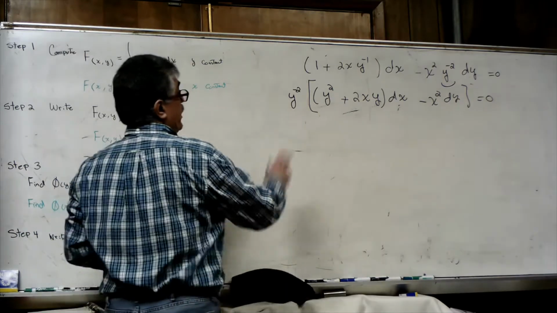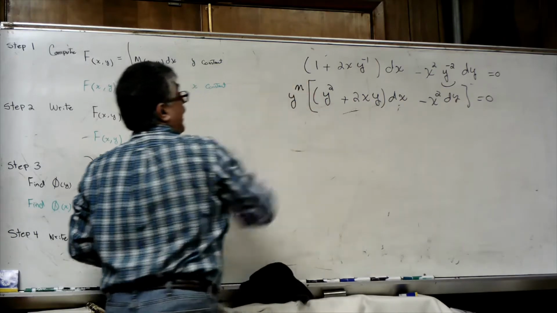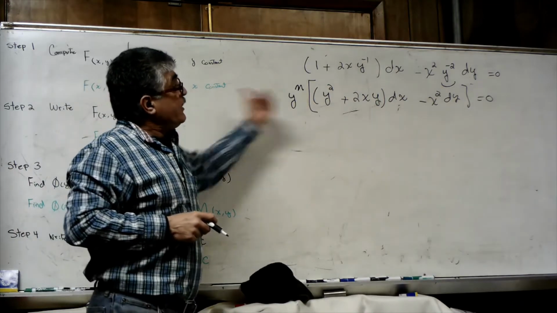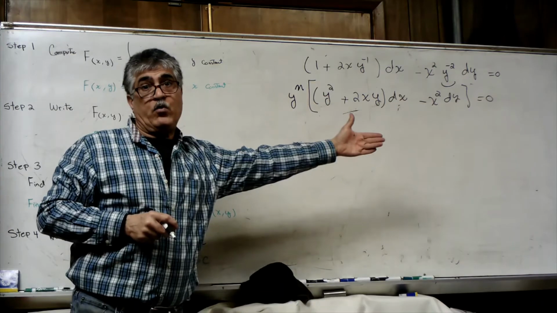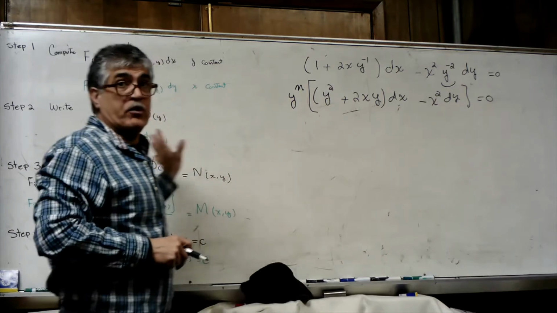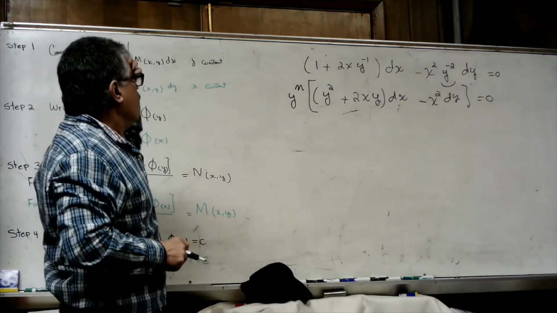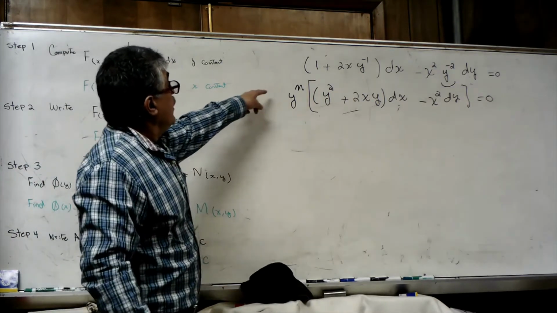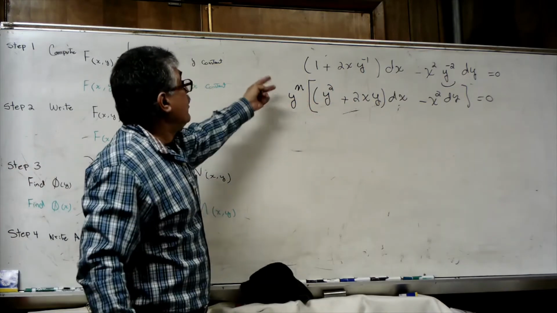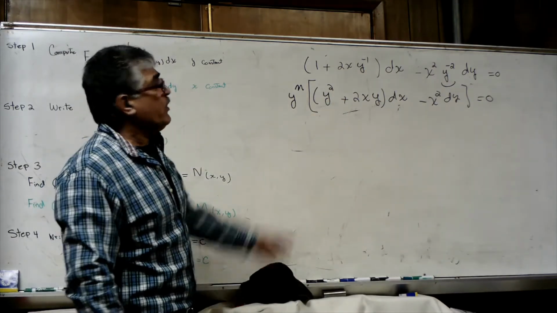So I would make a problem with y to the power n and ask you for what value of n this equation will be an exact differential equation, and after you find it, solve it for me. That would be a good problem for a test. So we know that the value of n must be equal to minus 2 in order for this equation to be an exact differential equation.